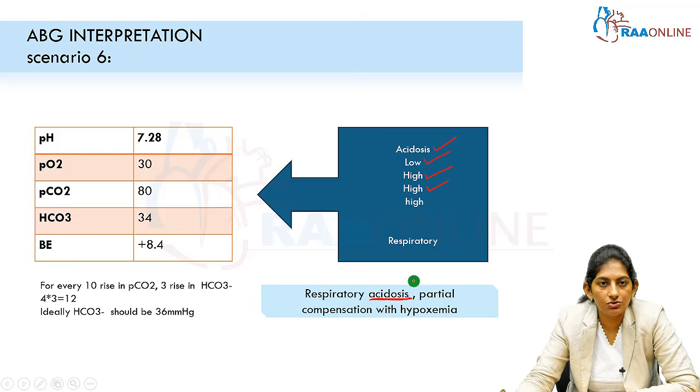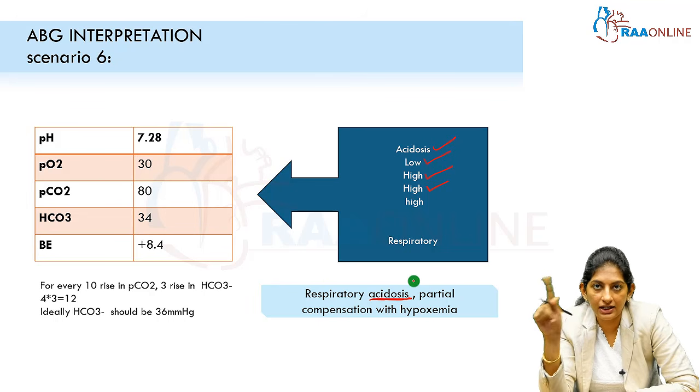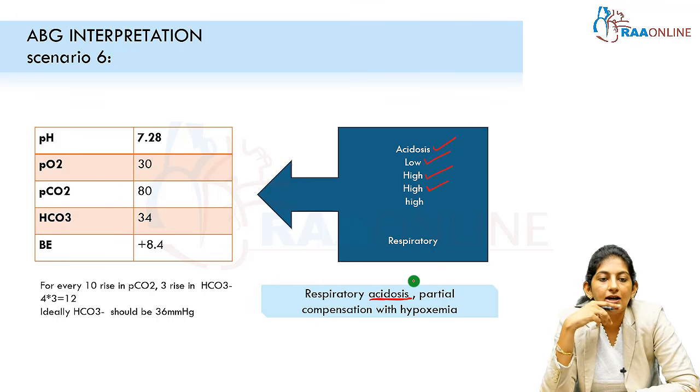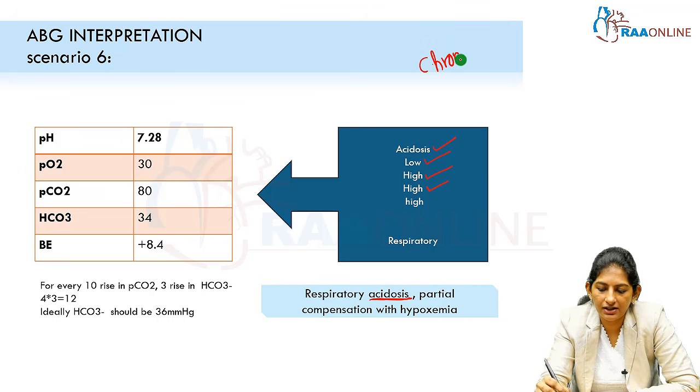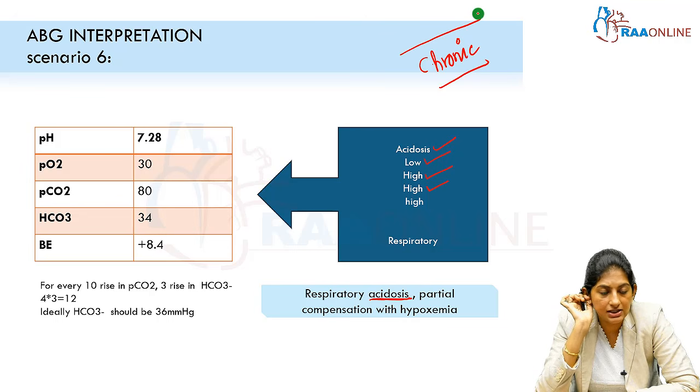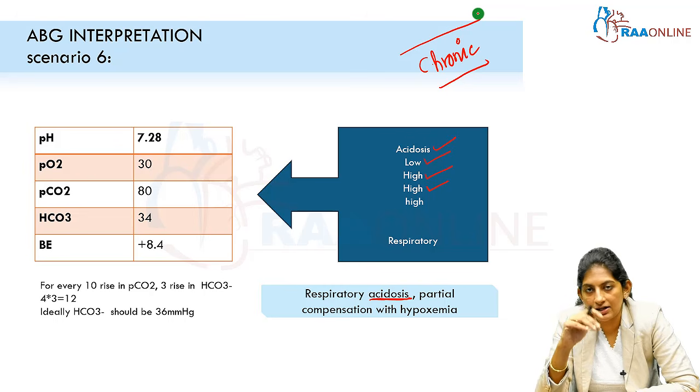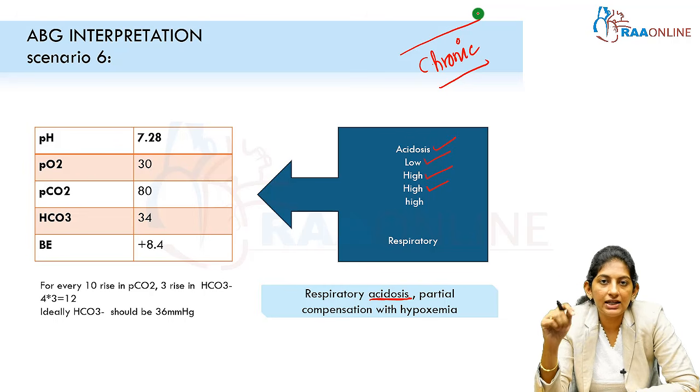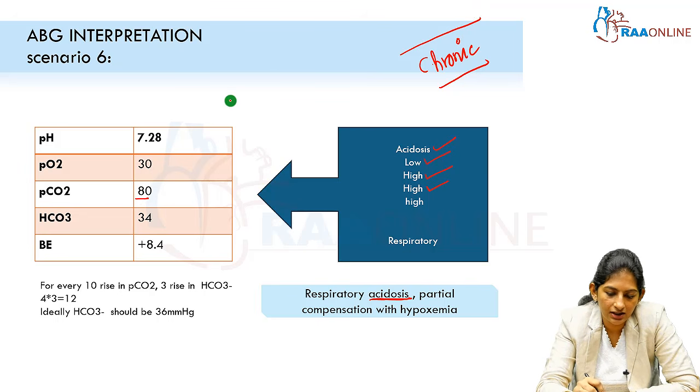For respiratory acidosis, we had this 1, 3, 2, 4. You remember that slide? So go back to that slide, and we will assume it is a chronic respiratory acidosis. Okay, probably a BPD child or a chronic lung disease. So for every 10 rise in PCO2, a 3 rise of bicarbonate should be there. Here from 40 it has increased to 80, so 4 times.